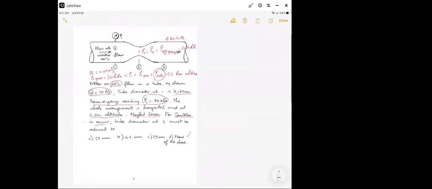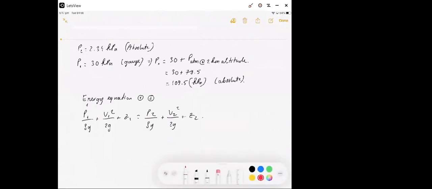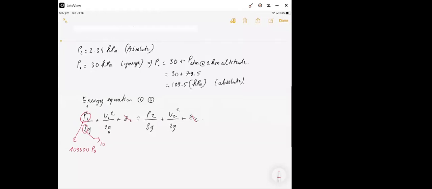We have P1 over rho g plus V1 square over 2g, that's 1, equals P2 over rho g plus V2 square over 2g, that's 2, with Z1 and Z2 the same. P1 we have is 109500 Pascal, converted to Pascal. Density 1000. Gravity 9.81.